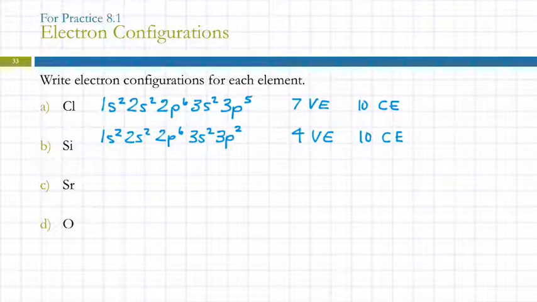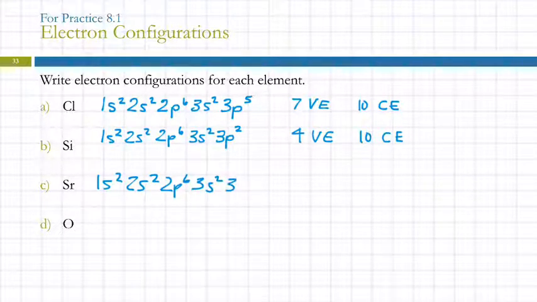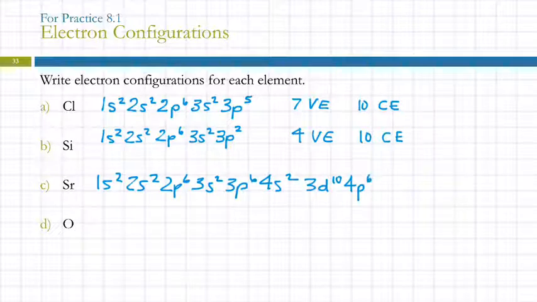So the whole business ahead of 5s2: 1s2, 2s2, 2p6, 3s2, 3p6, 4s2. And then, be careful. 4s2, and then we go to the ds, but those are one lower level. So that's 3d10, and 4p6, and 5s2.